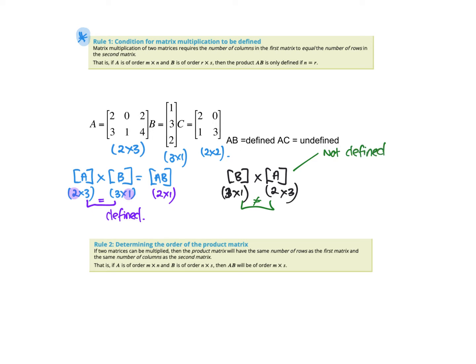And if they said why, often the question is, is it possible to multiply these two matrices? So this one you would say this multiplication cannot be done.